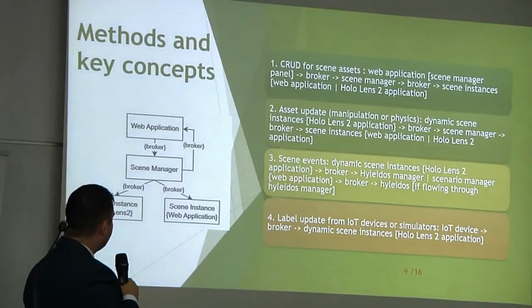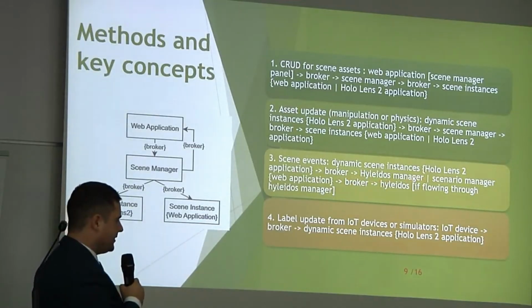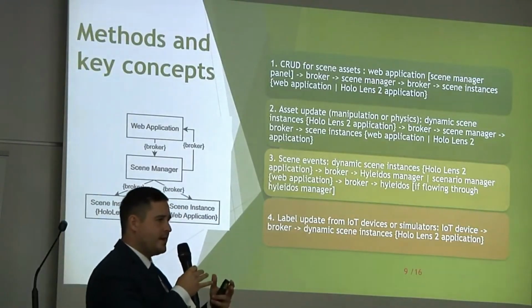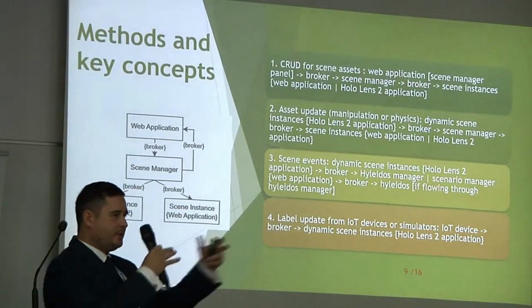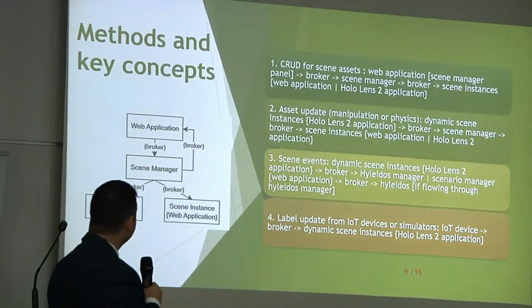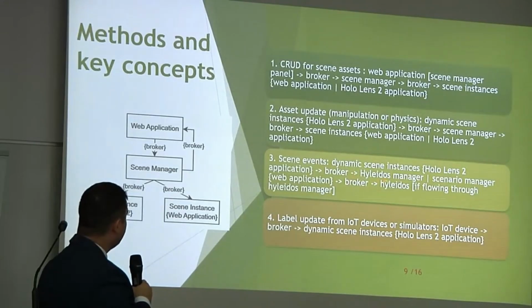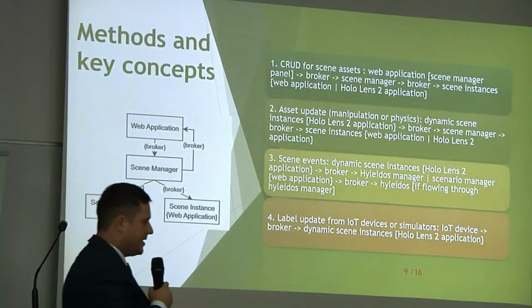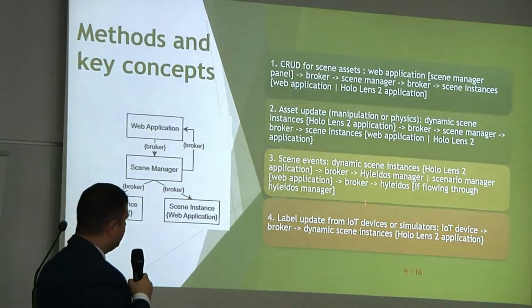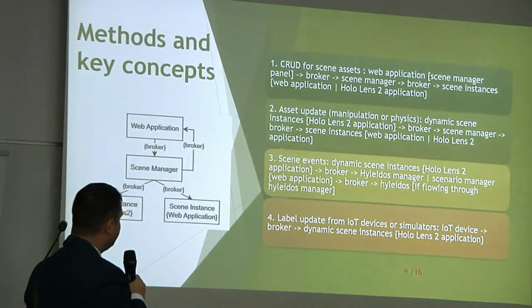So the same, the dynamic Scene instance triggers the action and sends it to the Holography manager, which is the manager that serves the functionality for such entities in our system, which combine the virtual representation geometry of an object and its behavior. So data passes to the Holography manager and through the broker also to this Holography instance. It's an independent module in the system. For example, tomograph, it might be this Holography entity.